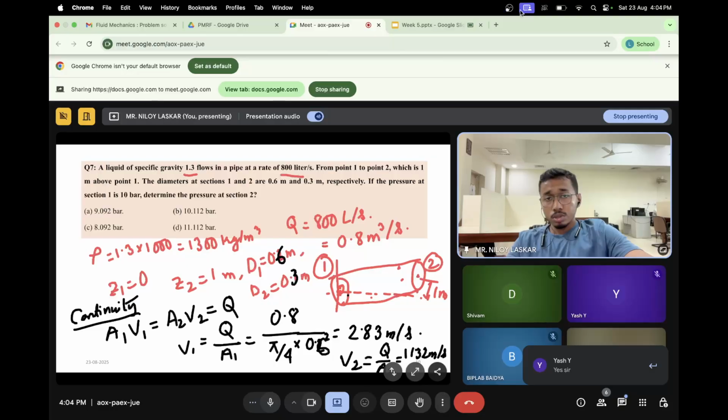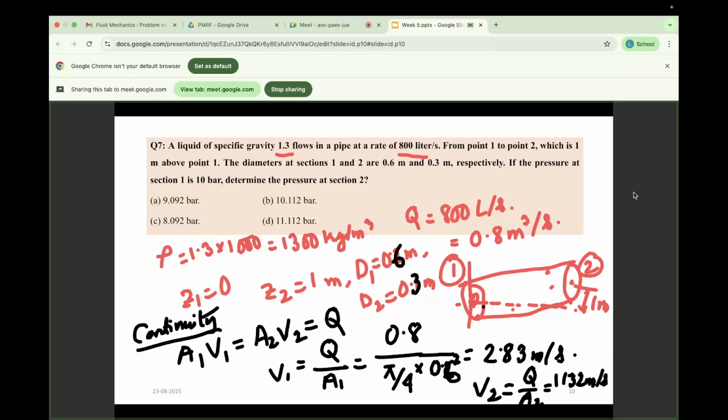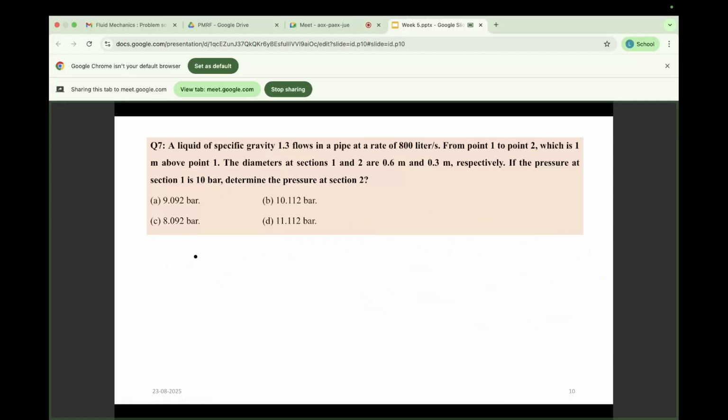Okay. So now I need to find out this pressure. For this pressure I need to apply this, so I am erasing this thing, right? Now I am applying Bernoulli's equation. Again I am drawing this.